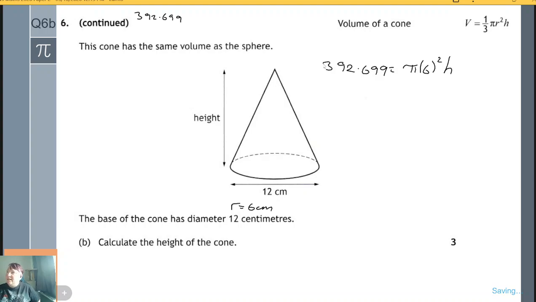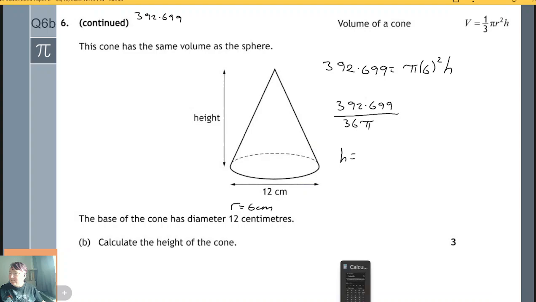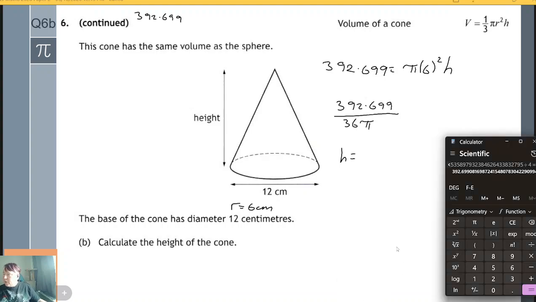We want h on its own, so let's bring the other things to the other side. We have got 392.699 divided by 6 squared is 36 pi. There we go. So our h is whatever that works out as.